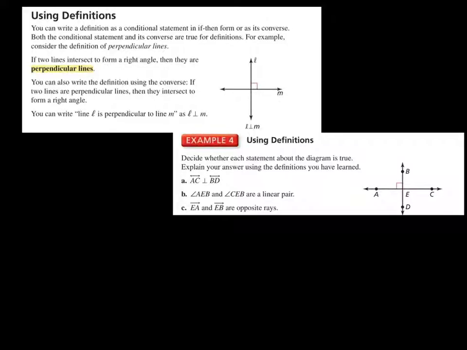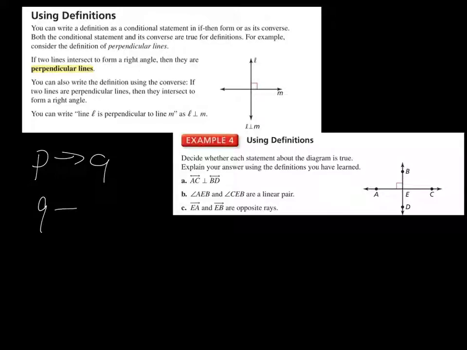If we take that as P implies Q, that means the converse. So P implies Q is the original definition: if two lines intersect to form a right angle, then they are perpendicular lines. You can also write the definition using the converse: if two lines are perpendicular lines, then they intersect to form a right angle.